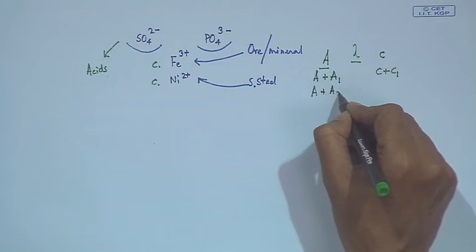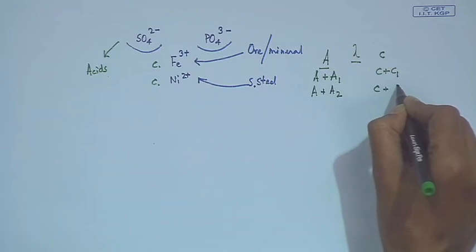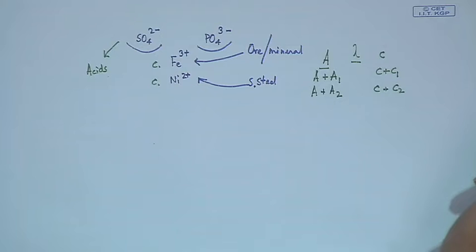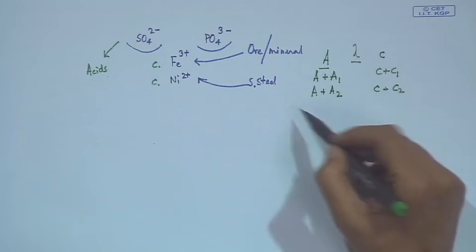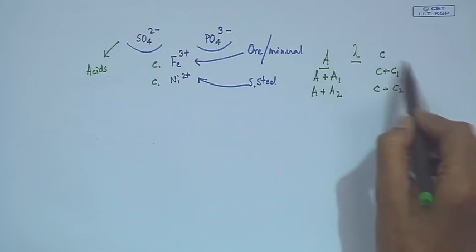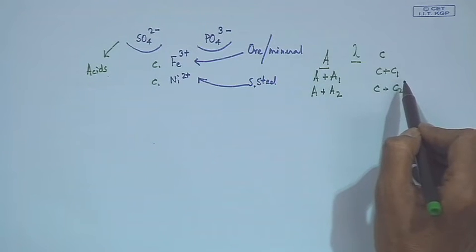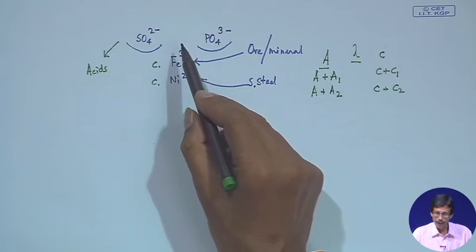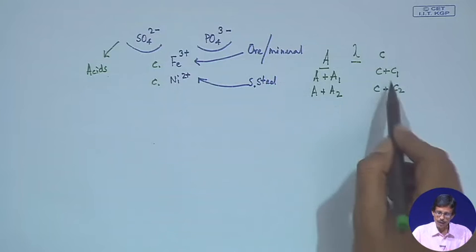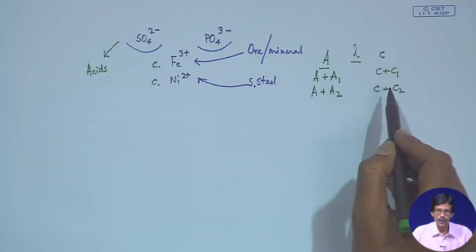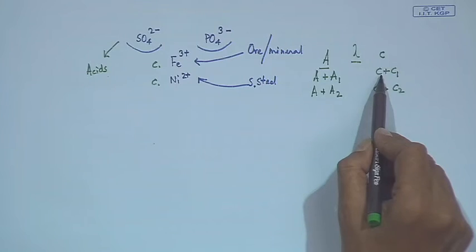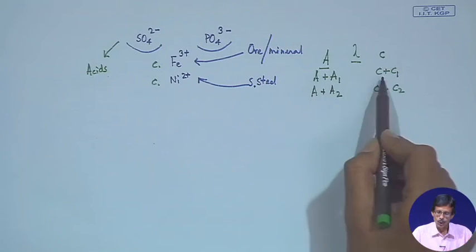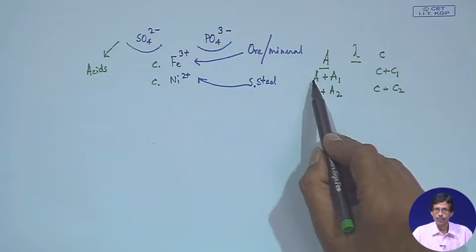So, A plus A2 can also be measured, where C, the original one, has some added C2. From these we find that the absorbances are additive in nature. So, when we are talking about the same species, either nickel or iron, we can find this unknown concentration very accurately through this technique, instead of finding the unknown concentration directly from the known concentration versus absorbance plot.